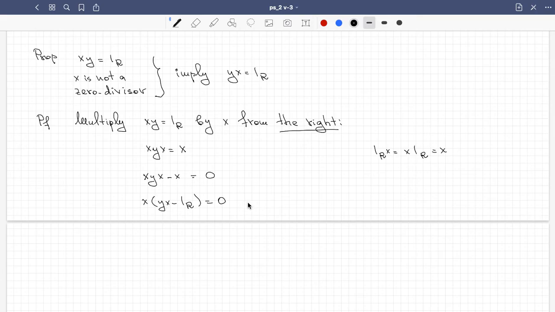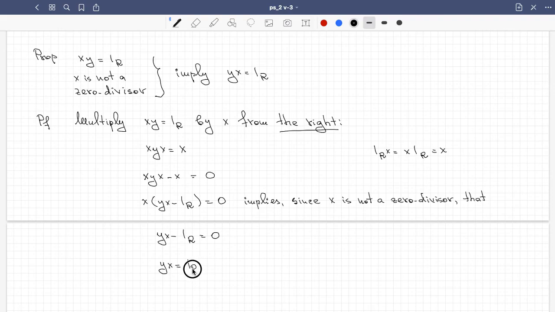So since x is not a zero divisor, yx minus identity is 0, or yx is identity, adding negative identity to both parts of the equation. 0 is, of course, everywhere 0 in the ring, not just 0.